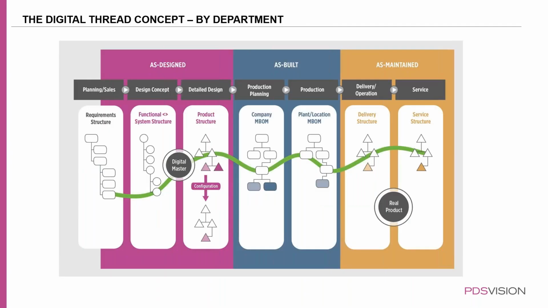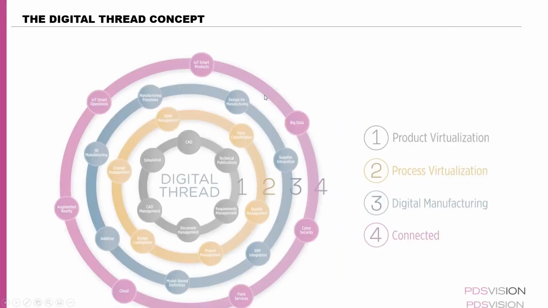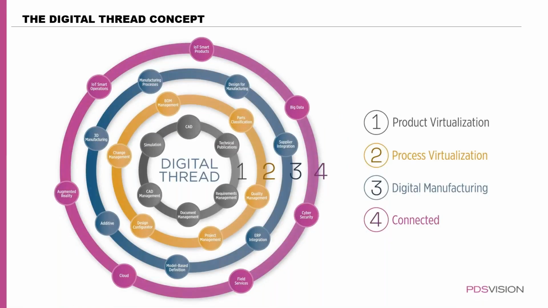The digital thread concept. Here's an overview of the digital thread concept. One way to look at it is in the stages from planning and sales, design concept, detailed design, production planning, etc. If you're not familiar with the digital thread concept, the digital thread connects the whole process, engineering, design, and manufacturing process through the lifecycle management, technically promoting the transmission of the correct information to the correct place at the correct time.